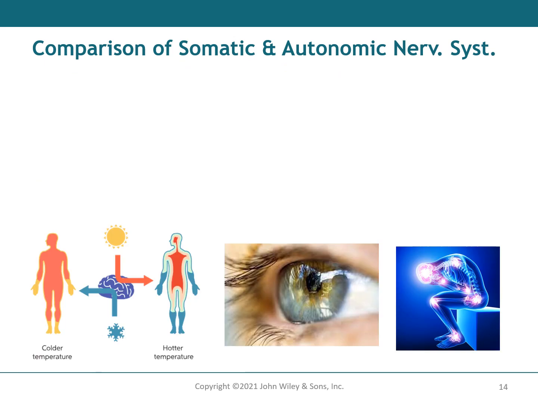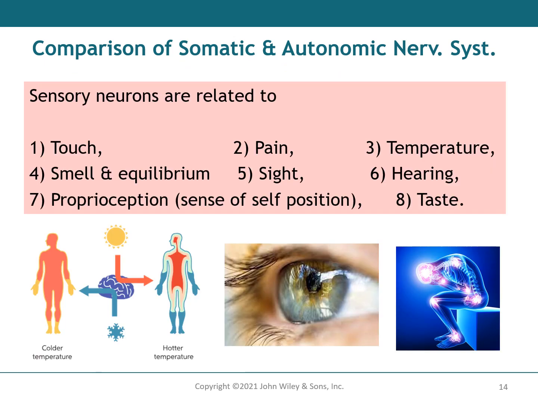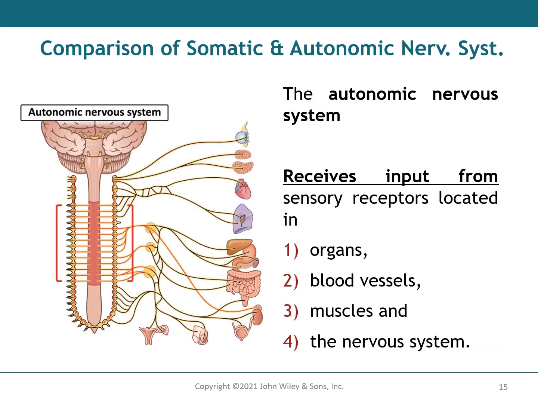The sensory neurons are related to different senses like touch, pain, temperature, equilibrium, etc. On the other hand, the autonomic nervous system works slightly differently. It receives input from sensory receptors that are located in organs, blood vessels, muscles, and even other sections of the nervous system. So here the sensory receptors will be very different, as well as the responses.